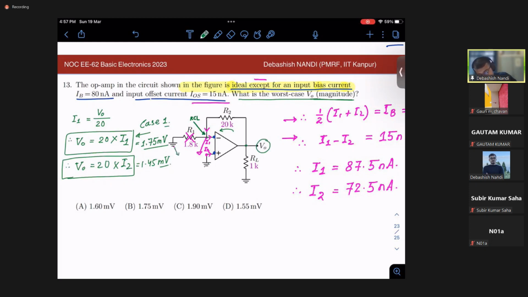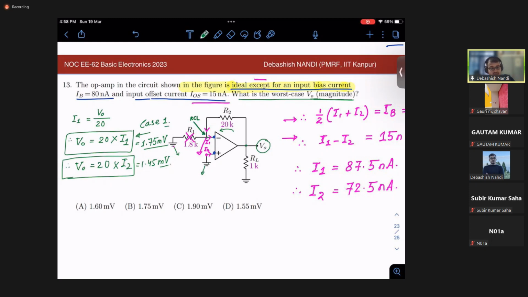But now, due to the input bias currents, I have potential developed at the output when my input is 0. So what is the worst case? Which is more deviated from the expected case. Expected is 0. One case I have 1.45 millivolt, other case I have 1.75 millivolt. So the worst difference is 1.75 millivolt, right? So your 1.75 millivolt is the worst case.